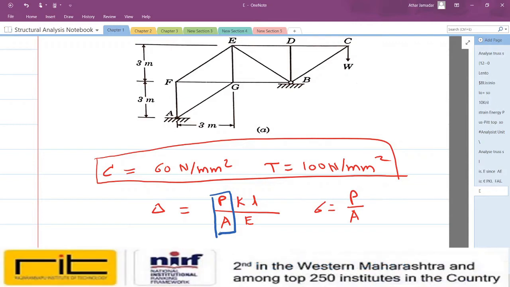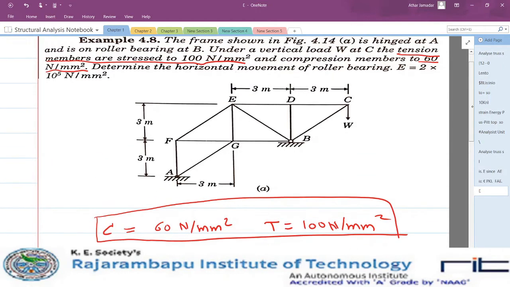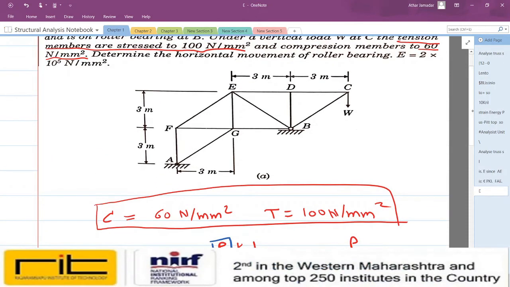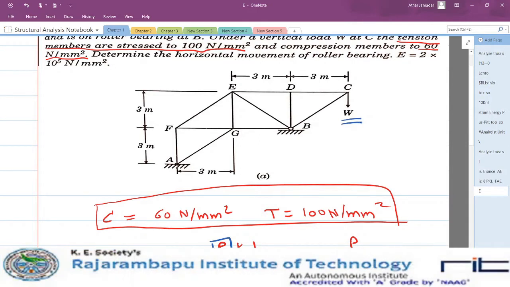Okay, now in problem it is given that compression stress is 60 Newton per mm square and tensile stress is 100 Newton per mm square. So in this given truss, we have to first analyze this entire truss for this load of W. Okay, and first of all we have to find out which are the tensile member and which are the compressive member.